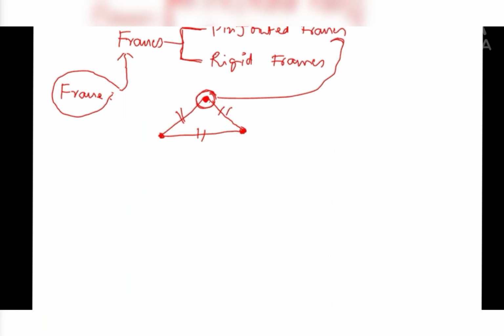Or if you are using mild steel members to make a frame and you connect these joints with welding, that means you make them permanent, we'll call that a rigid frame.